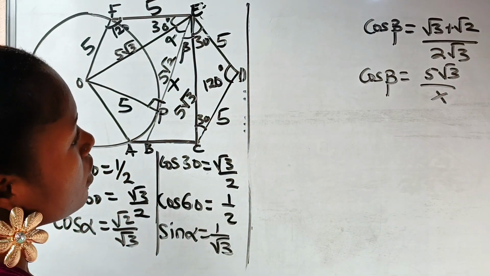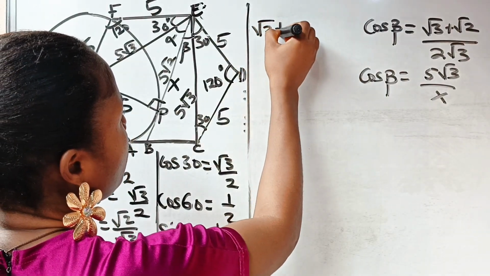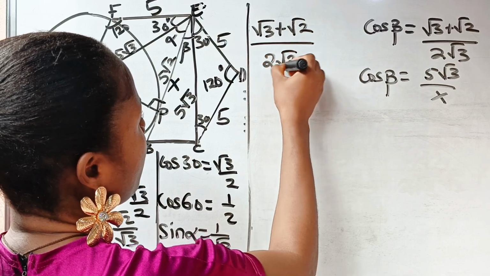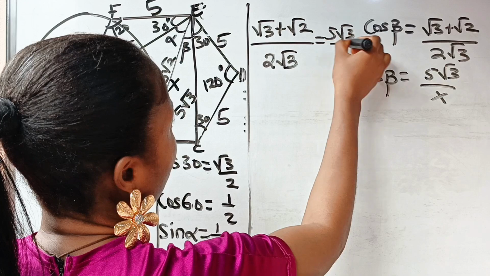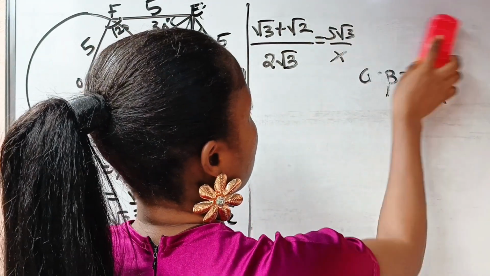Okay? All right. Now, we have √3 plus √2 divided by 2√3 is equal to 5√3 divided by X. So let me clean all this.